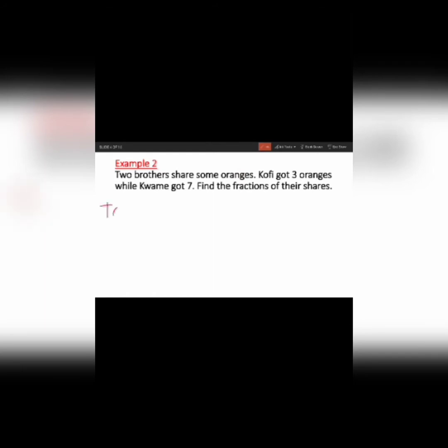So total oranges. So that is 3 for Kofi and 7 for Kwame. And that gives you 10. And it says find the fractions of their shares. So for Kofi, what did he get? He got 3.